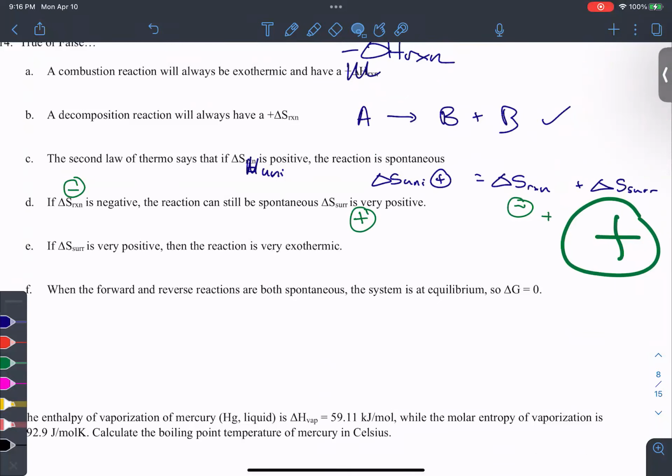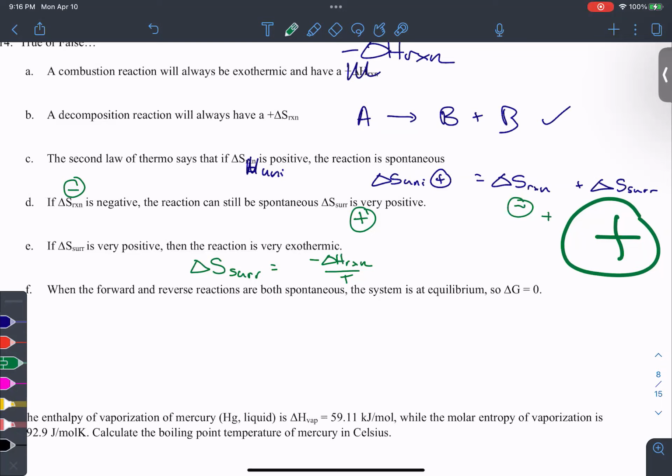If delta S of the surroundings is positive, the reaction is very exothermic. So the equation this is referring to is delta S of the surroundings equals negative delta H of the reaction over temperature, or negative Q over T. If delta S of the surroundings is positive, the reaction is very exothermic.